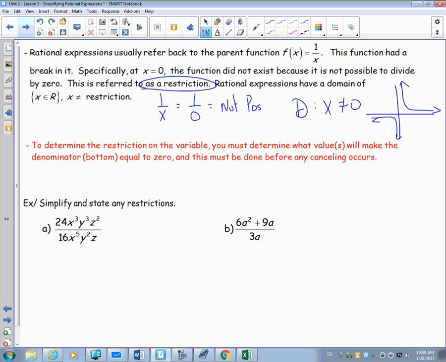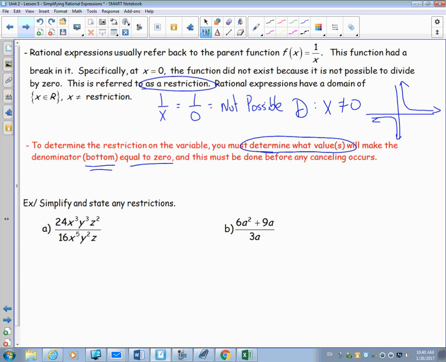That's a restriction. So when we're dealing with rational expressions, we're going to have to make a list of restrictions where this function doesn't actually exist. To figure that out, you have to determine what values make the denominator, the bottom, equal to 0. That's what your restrictions are.